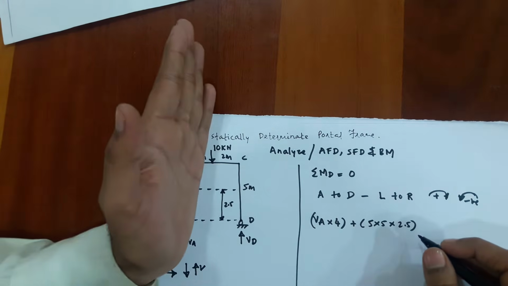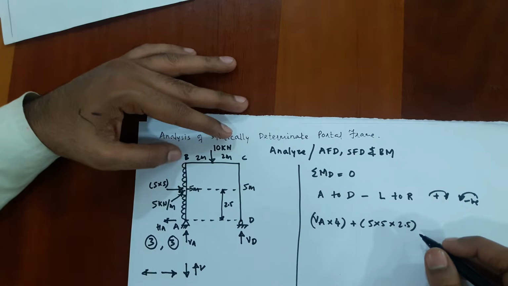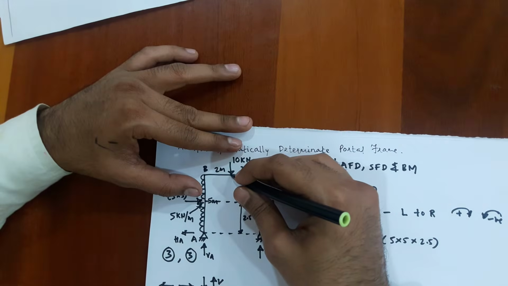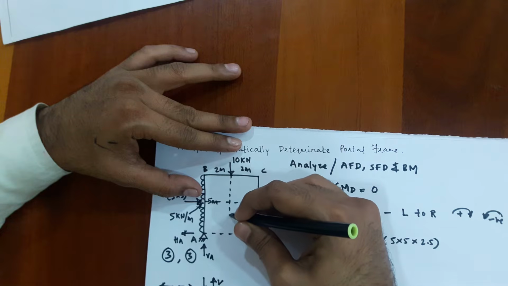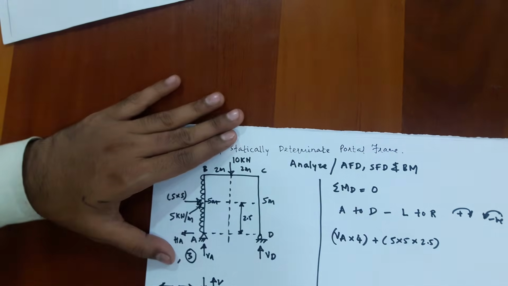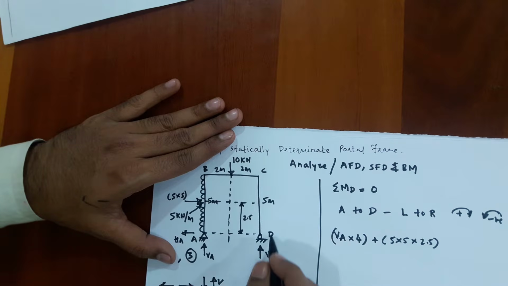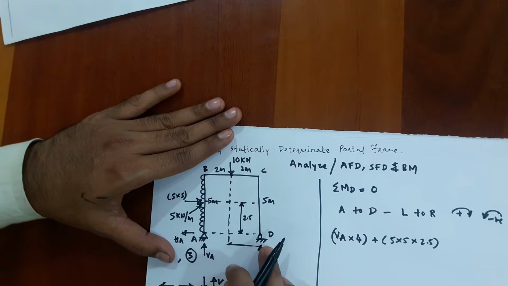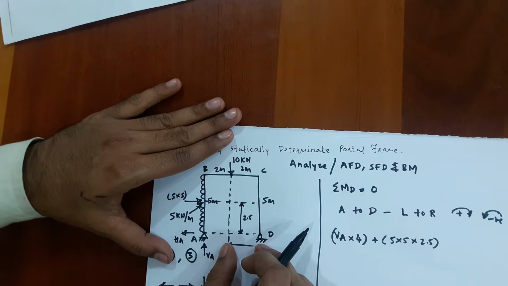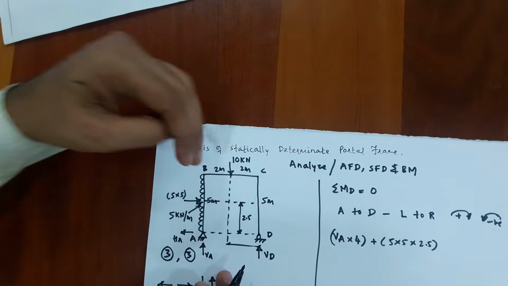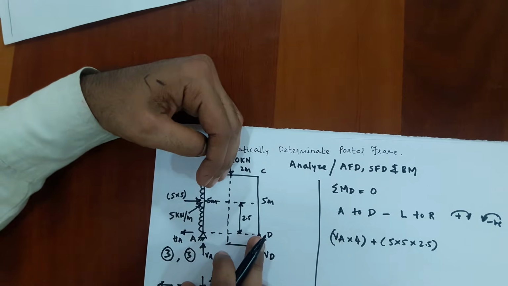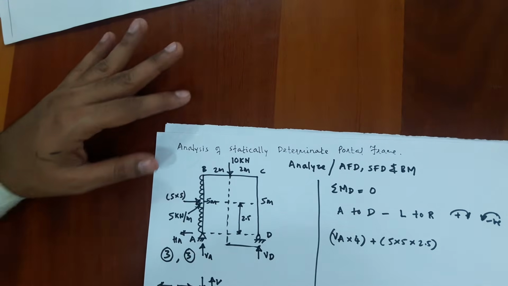Then you have this point load acting on member BC. This is the line of action of this point load, and because we are taking moment about D, we have to see the perpendicular distance with respect to point D. So this perpendicular distance is 2 meter, and this load is creating anti-clockwise moment.